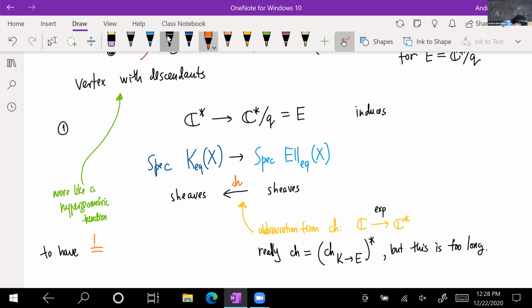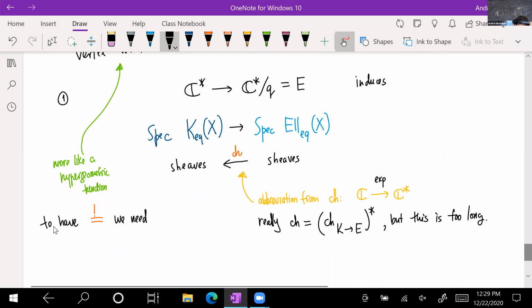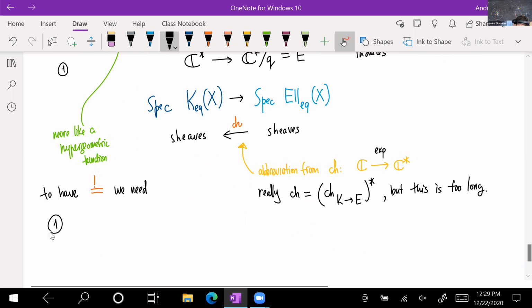We need, one, we use suitable gamma function factors.